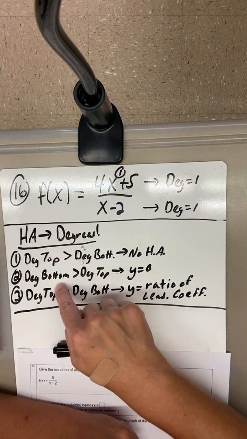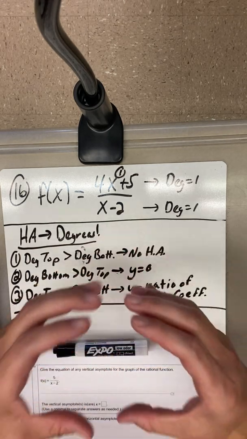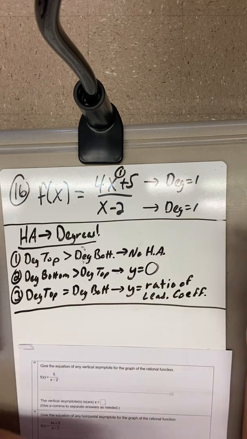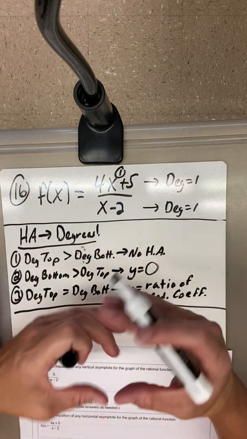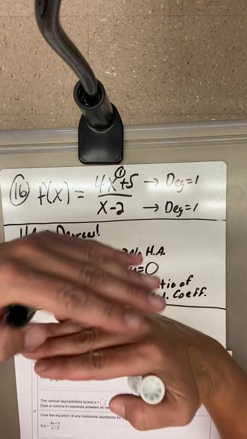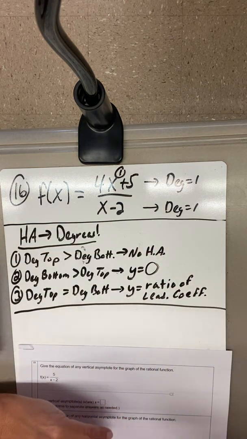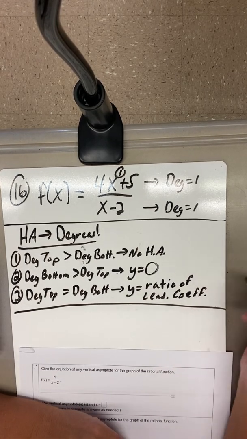If your bottom is bigger than your top, you got a big O bottom and a little bitty top, big O, y equals 0. But if your top and bottom are the same, they're proportional. What is a proportion? It's a ratio, the ratio of the leading coefficients. Shout out to Niall for teaching me that, and it's helped my students learn ever since.